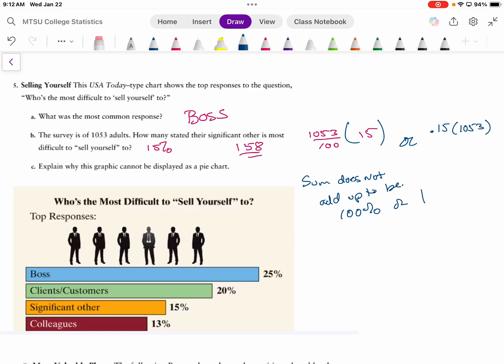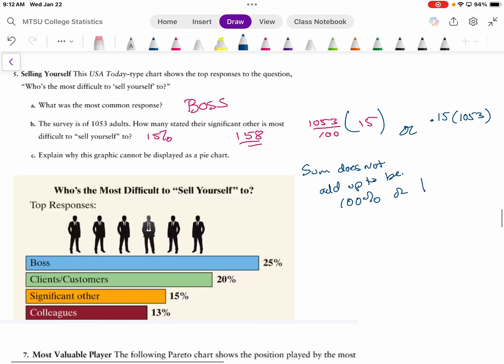Or sometimes we'll see instead of 100% an option being 1. Okay, because especially if we see them listed as proportions where they're all just straight decimals. So if they gave us like 0.25, 0.20, and 0.15, we don't know what the whole thing is because the sum doesn't add up to be 100. So that's why we want to stay away from doing a pie chart on this one.